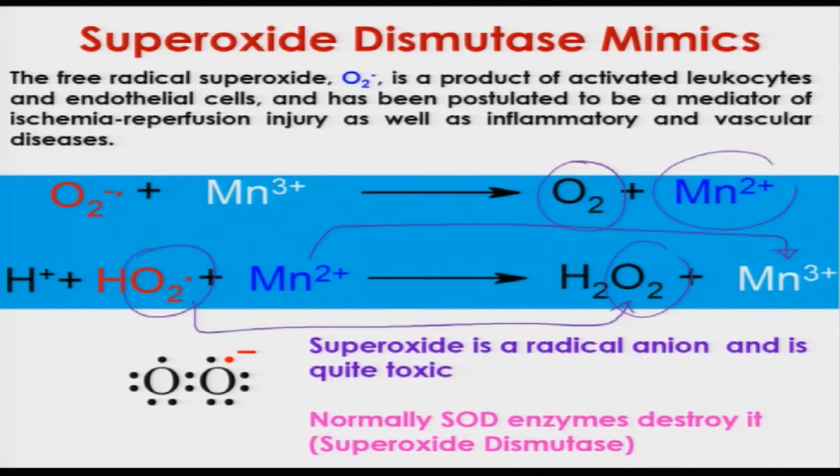So, you can see that manganese is a redox active metal ion, and how it destroys superoxide, which is a radical and highly toxic in nature. Of course, in our body the superoxide dismutase enzyme is there to destroy the superoxide being formed, but we also need some medicines which can destroy superoxides and convert them to less harmful products like oxygen and peroxide.